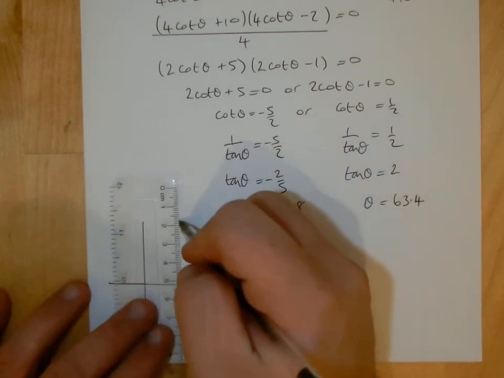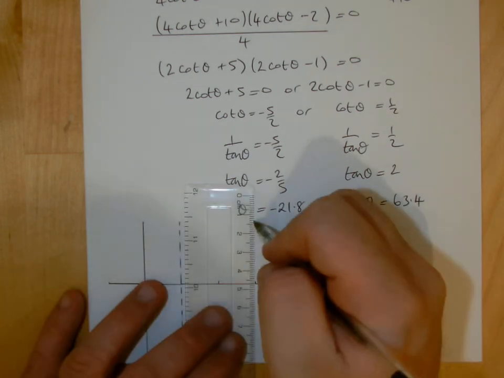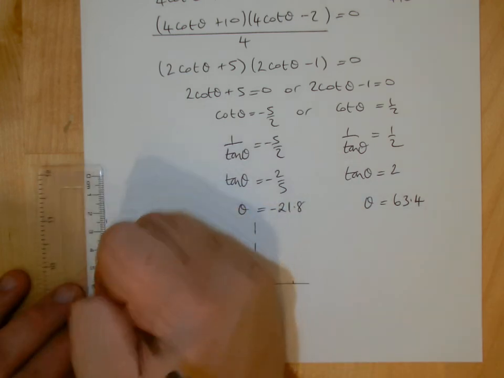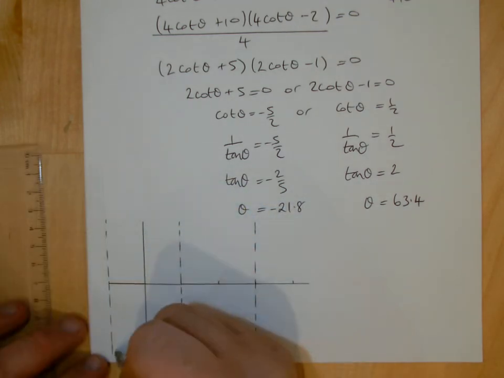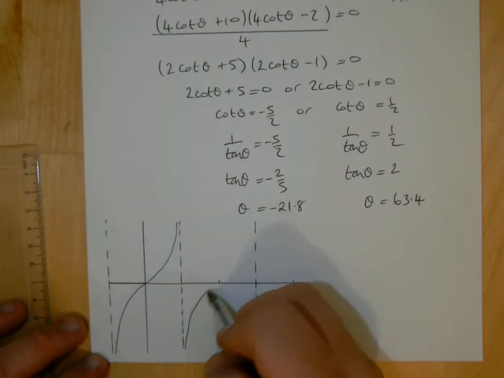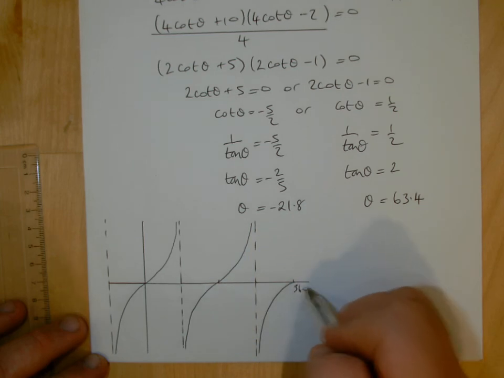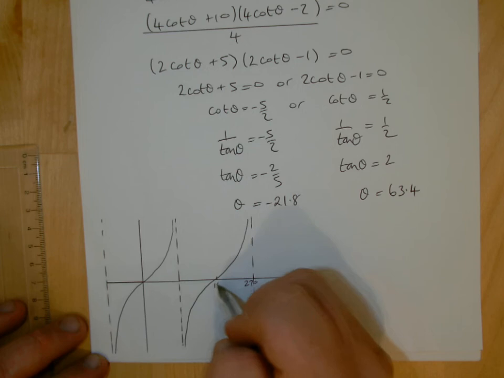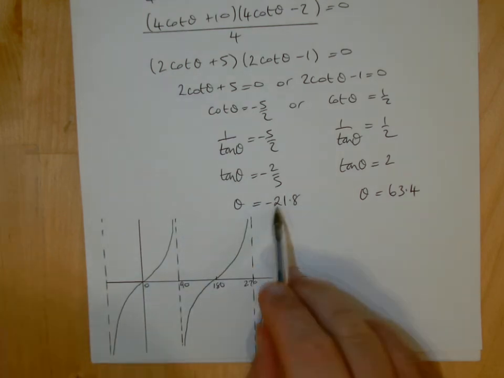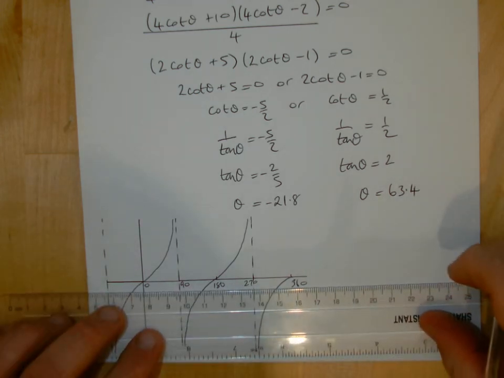Okay, so remember that we've got an asymptote at 90, 270, minus 90. So there's my 360, 270, 180, 90, 0, and minus 90 there. So the first result here I got minus 21.8, which is about there.